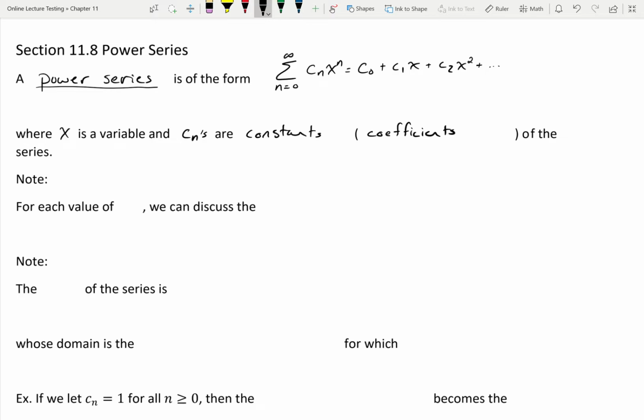So an important note here is that for each value of x, we can discuss the convergence or divergence of a particular series.